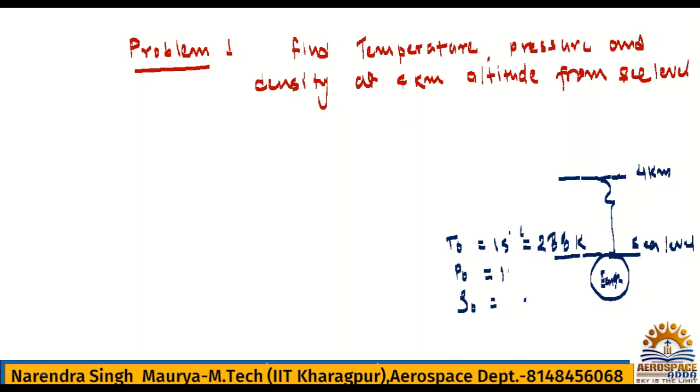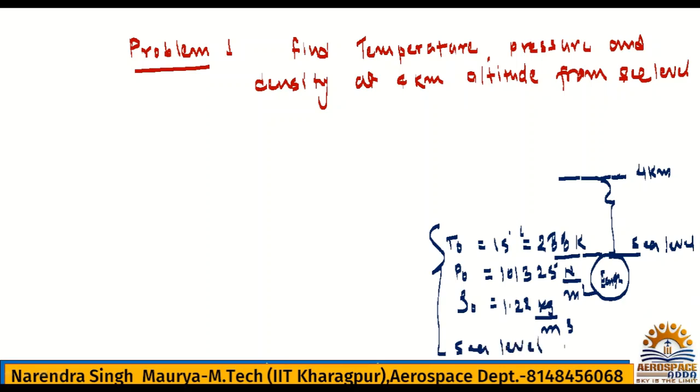What will be the pressure? 101.325 Newton per meter square. What is the density? 1.225 kg per meter cube. So this data is nothing but the sea level value, and it is constant. What do you have to find?